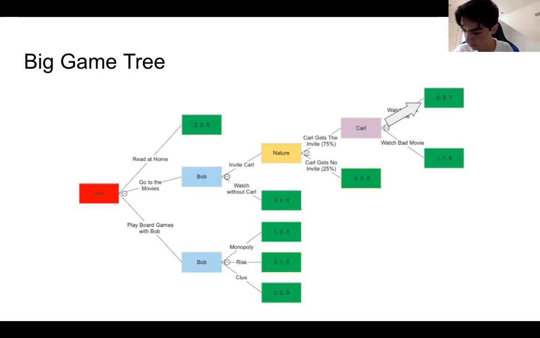Okay, I did something wrong, but give me a second. Basically, if Bob decides to invite Carl, then he will get a payoff of 4.5, including this probability with nature.